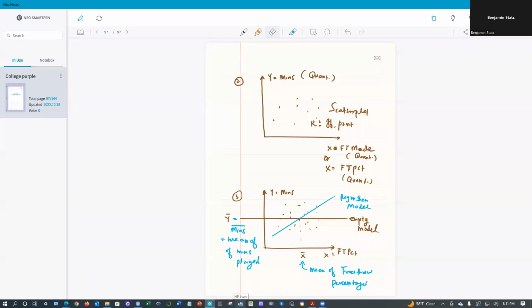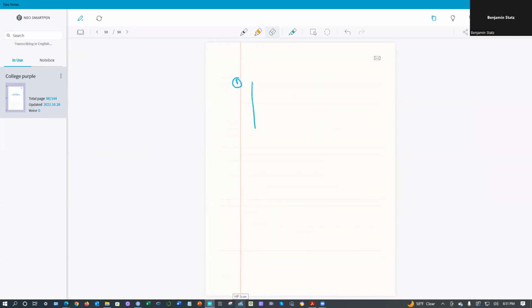This one has y as minutes, and this one has x as free throw made, and this one x as free throw percentage, PCT. Look at the heavy cluster here. A massive cluster.